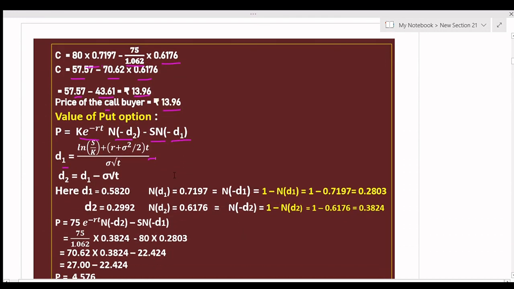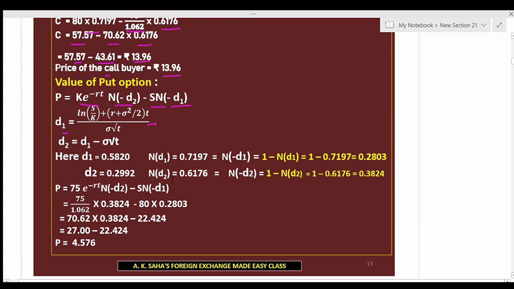Here it is written D1 is equal to 0.5820, and ND1 we have calculated as 0.7197. So N minus D1 is equal to 1 minus ND1 is equal to 1 minus 0.7197 is equal to 0.2803.